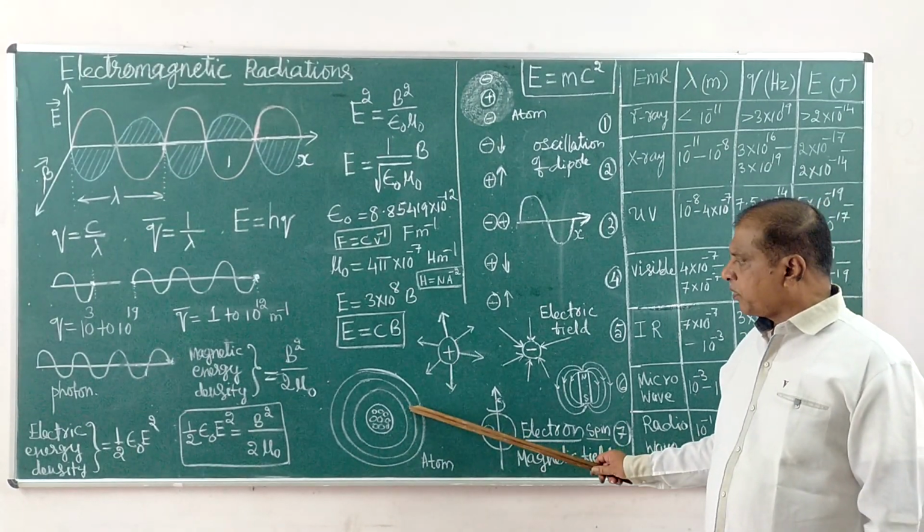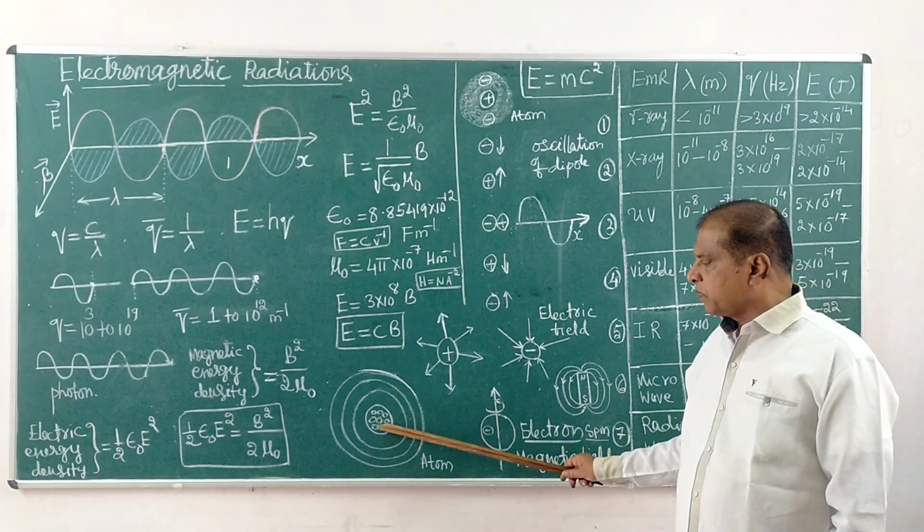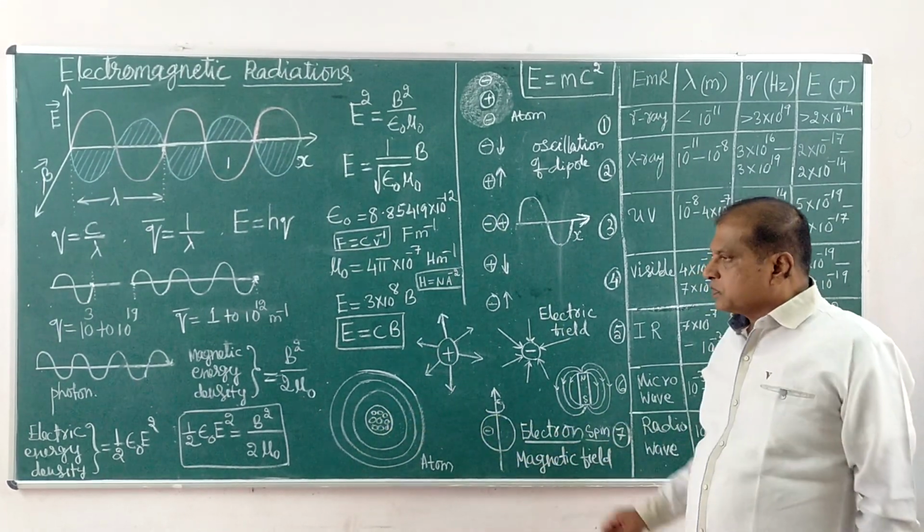The volume occupied by electrons is comparatively larger than the volume of the nucleus. This is called the nucleus sphere.